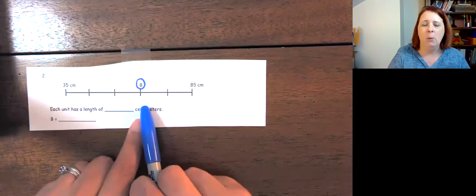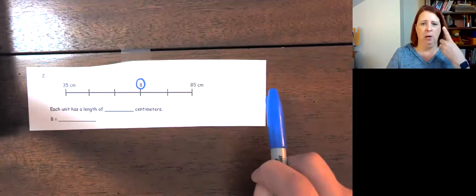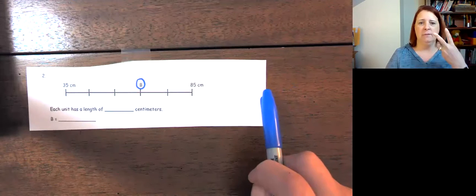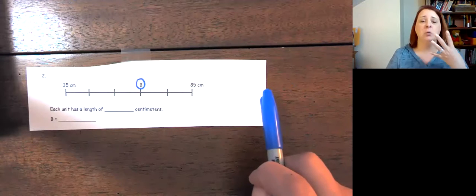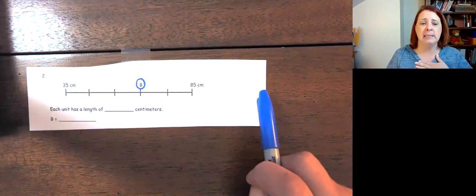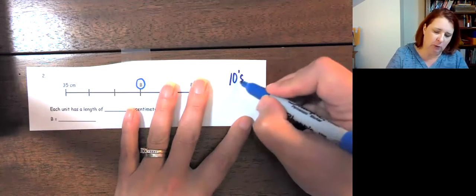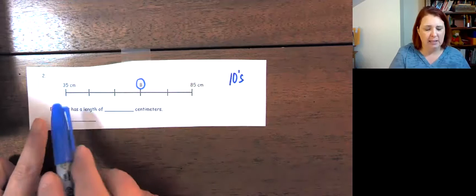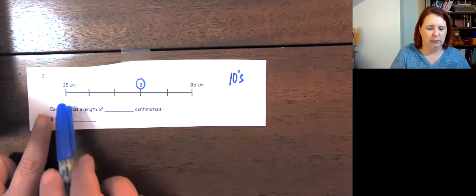So I need to count more than 5. Well, I know how to count by 1s, 2s, 5s, and 10s very easily. Those are the skip counting that I'm the best at. Well, let's try 10s and see what happens. Remember, it ends in 5 though, so every time we count, we're going to be ending in 5. So that's a little tricky.